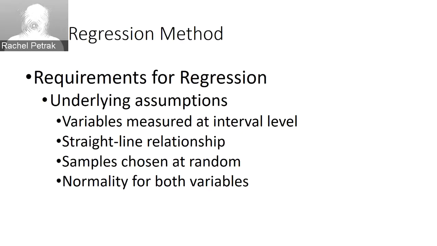When samples aren't chosen at random, there are still statistical tests available that we'll get to, but they're not as powerful as tests that have random selection as a requirement, and random selection is really essential. Finally, normality for both the variables, as in both the variables must be normally distributed.